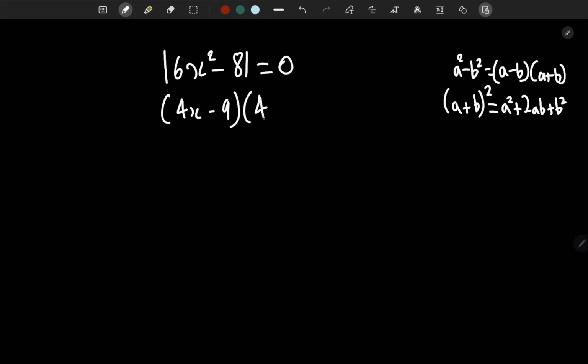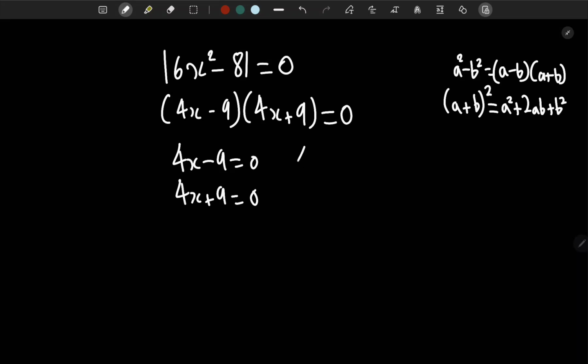Now you can equate both of the brackets to 0. So 4x − 9 = 0 and 4x + 9 = 0, and therefore 4x = 9 or 4x = −9, so x is equal to 9/4 or negative 9/4.